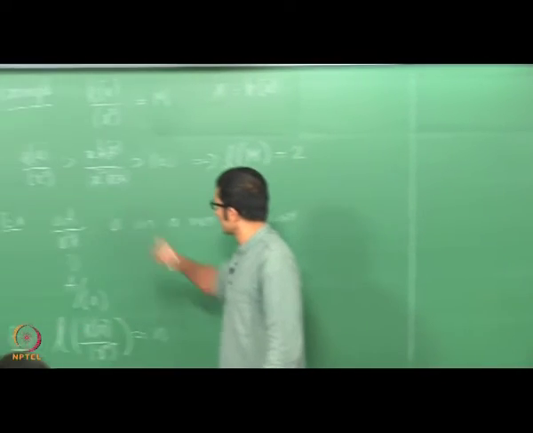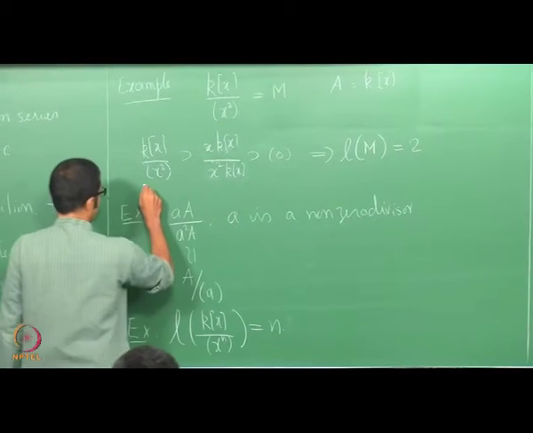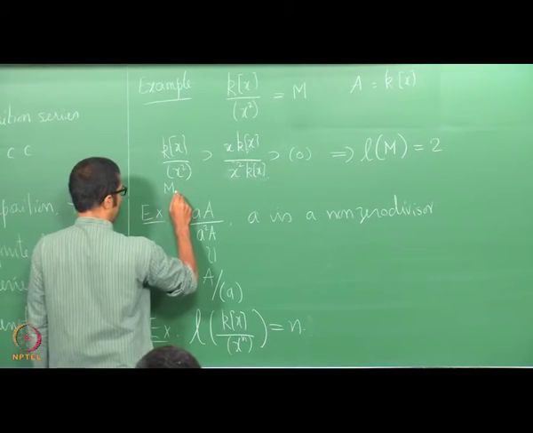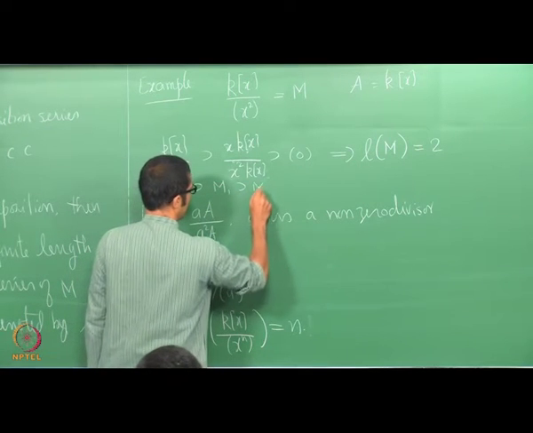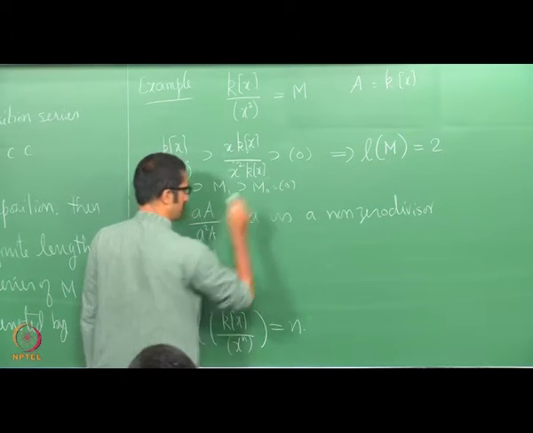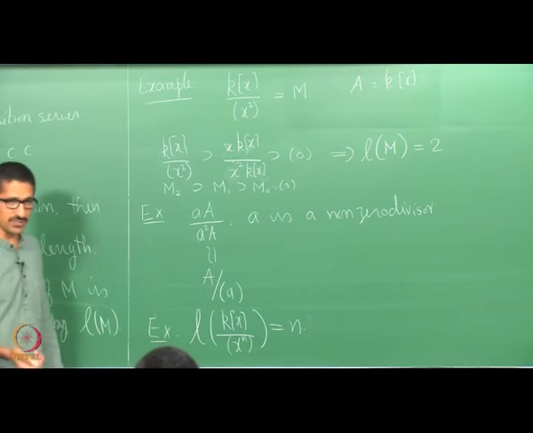How do you say this is M2 contained in M1 contained in M0 equal to 0? When do you say this is a composition series?